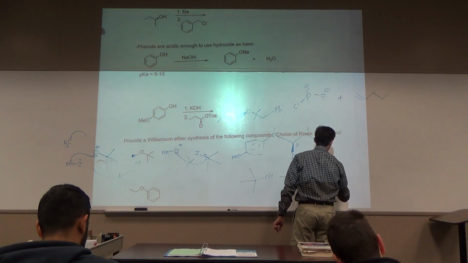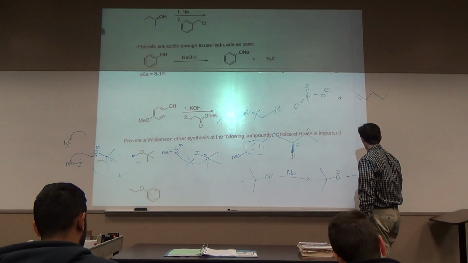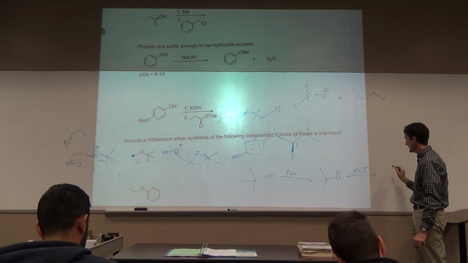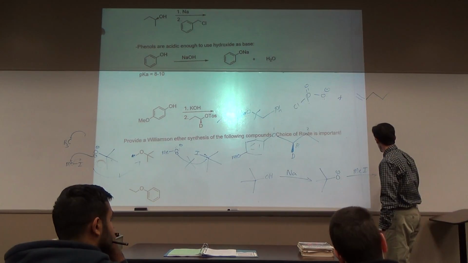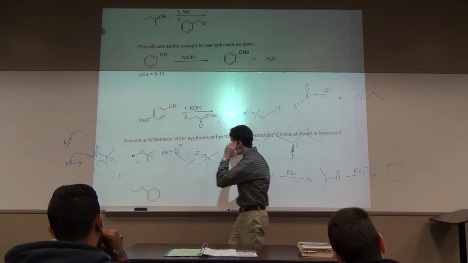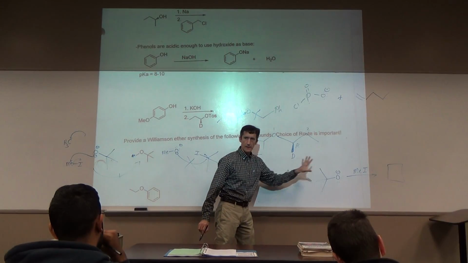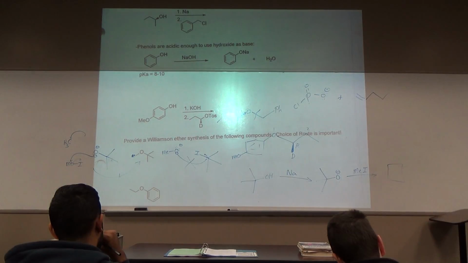That's going to give the O minus plus sodium. Then we react this with methyl iodide, often just shown like that. And there's our product. Okay? So you show each step in your multi-step synthesis. And that's just two steps.